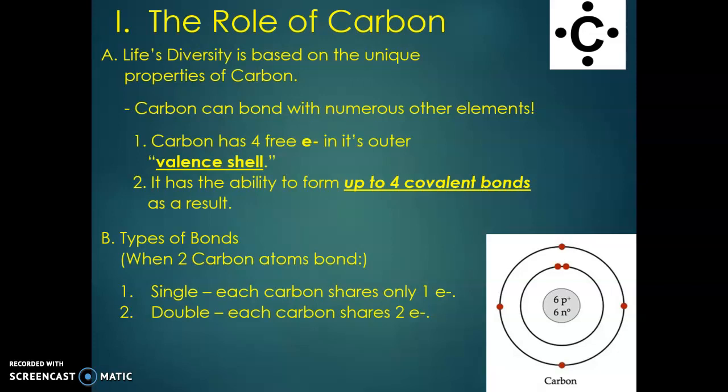So this will be an even stronger bond between 2 carbons. Or top that off, and you could even do a triple bond between 2 carbons, where they're sharing 3 pairs of electrons between each of the 2 carbons. That is an extremely strong and stable bond.